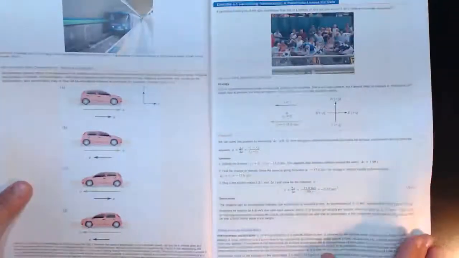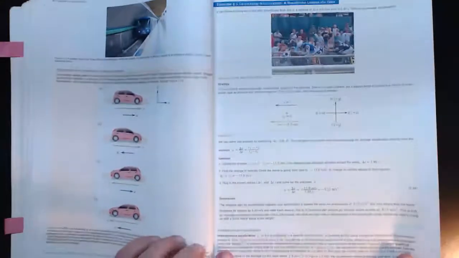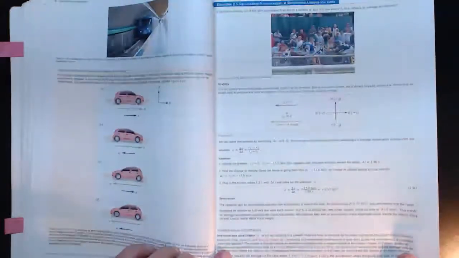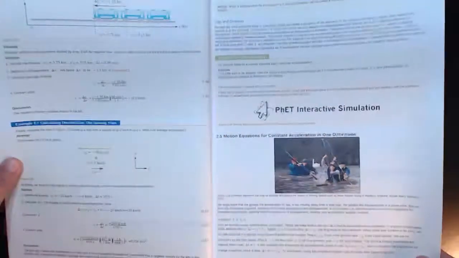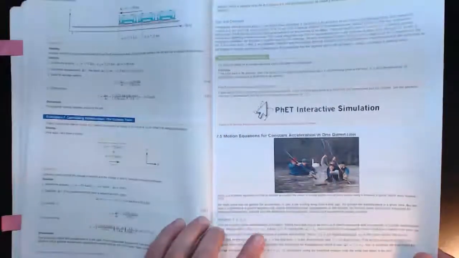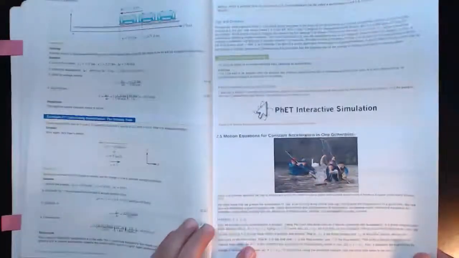So within the acceleration section, instantaneous acceleration is good to understand as a concept, but we won't actually be using it very much. In the motion equations for constant acceleration in one dimension, this we're going to use a lot.